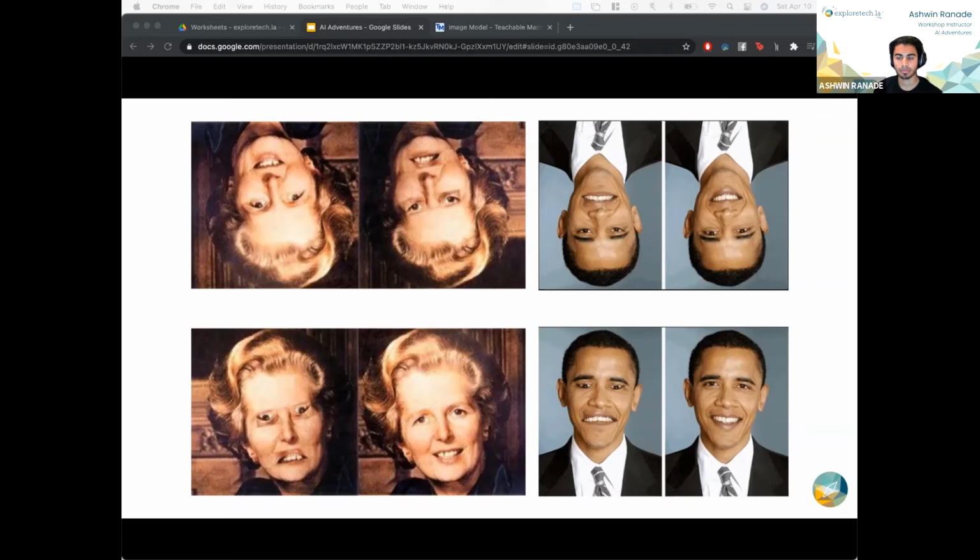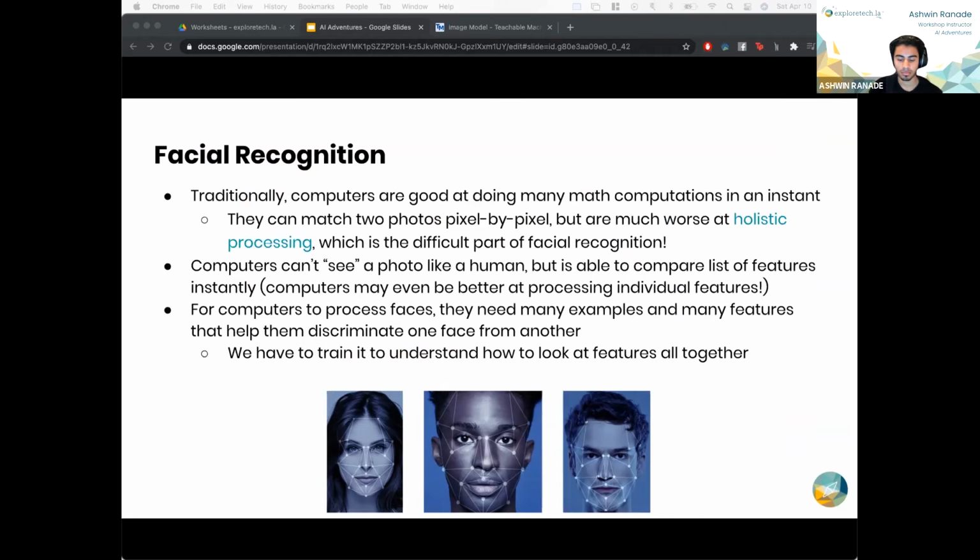So traditionally computers are really good at doing many math computations in an instant. They can compare two photos pixel by pixel, but they're much worse at holistic processing, which is the point of facial recognition, and why humans are so good at it. They can't see a photo like a human can, but they are able to compare a list of features instantly. That's what we will get to in our activity, really simulating a computer model.